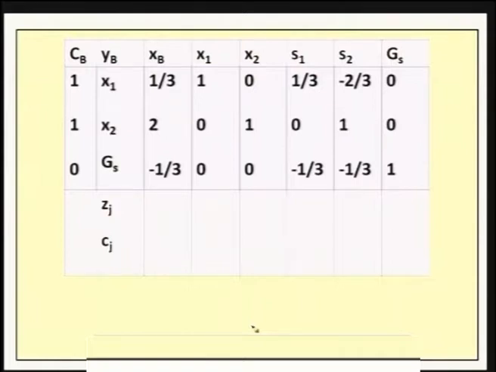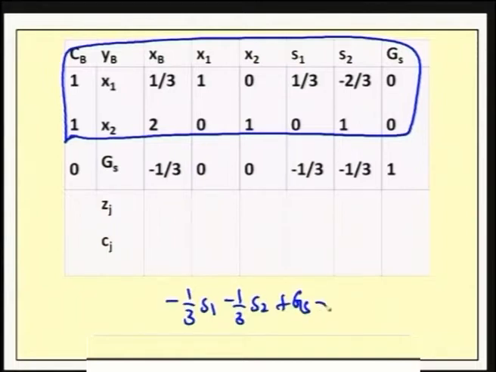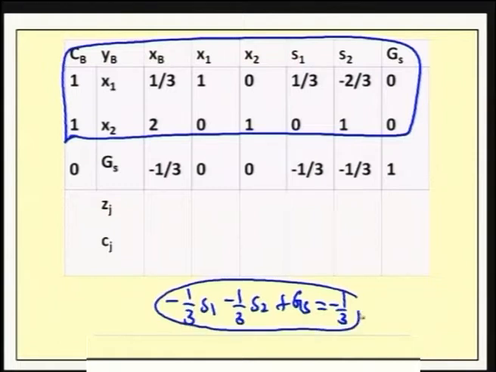So, this is the optimum simplex table we obtain as a solution. Now, with this optimal simplex table, we add the Gomorian constraint, which is minus 1 by 3 S1 minus 1 by 3 S2 plus GS equal to minus 1 by 3.